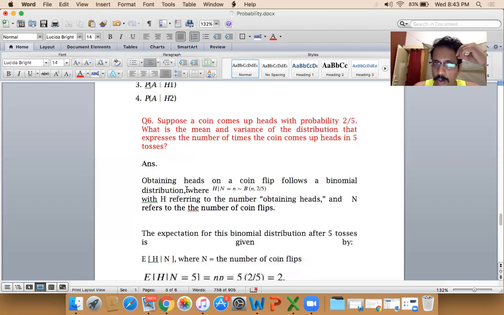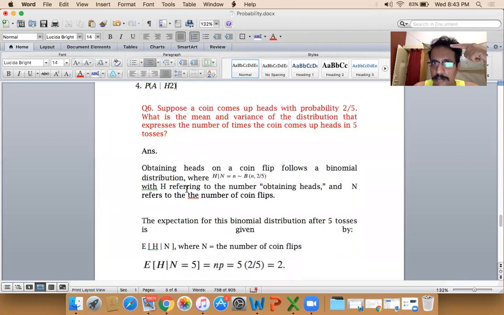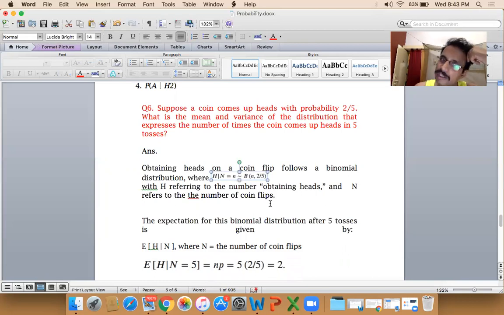So obtaining heads on a coin flip follows a binomial distribution, which is given by this particular expression, having parameters n, the number of times you are tossing, and the probability 2 by 5, right?